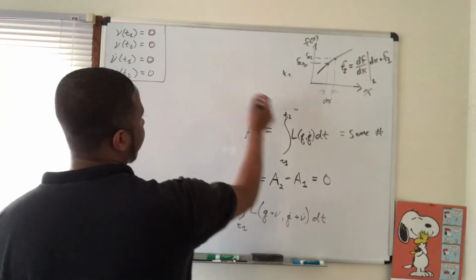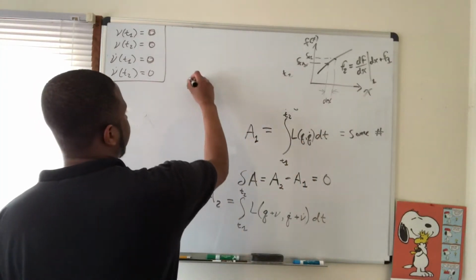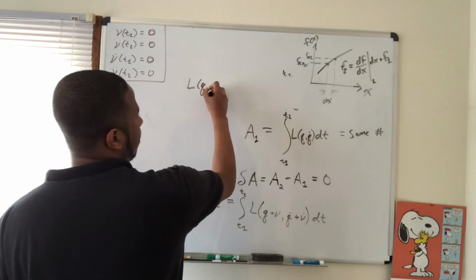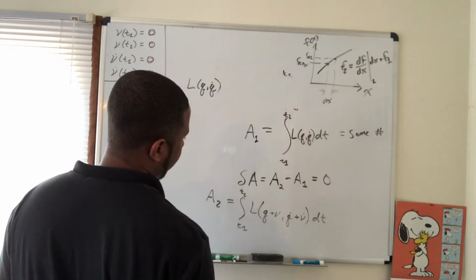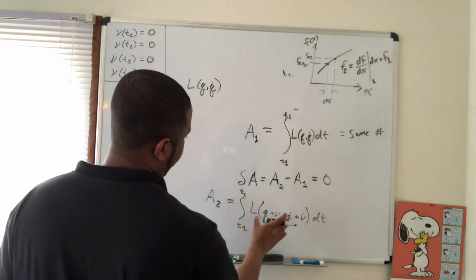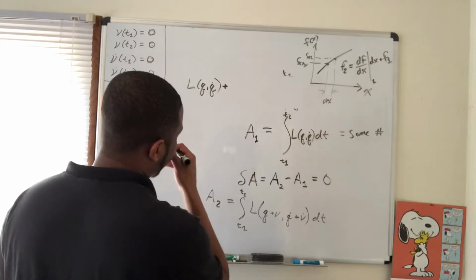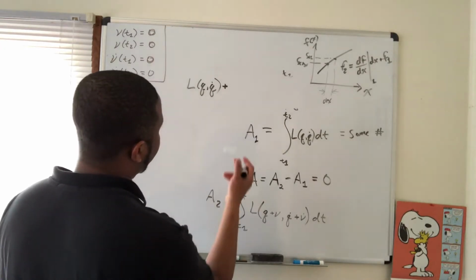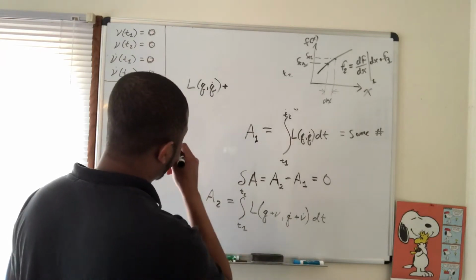The analogy is F1, so let's go ahead and say L of Q, Q dot, and then add to this the slope multiplied by the small change, right?